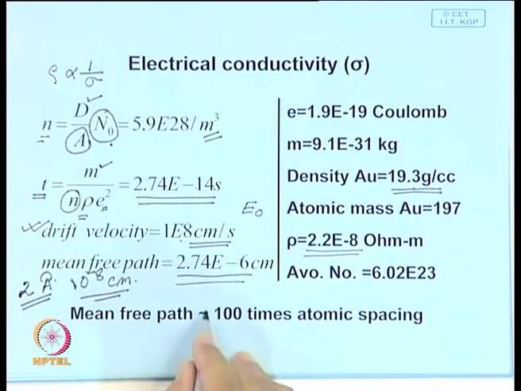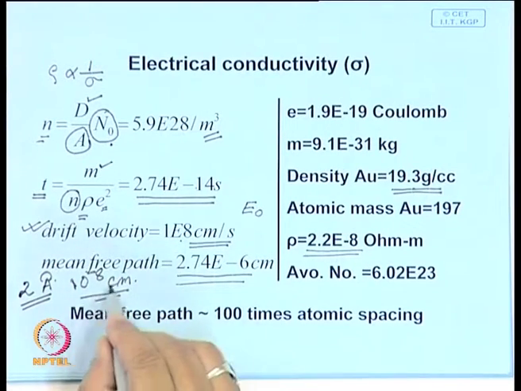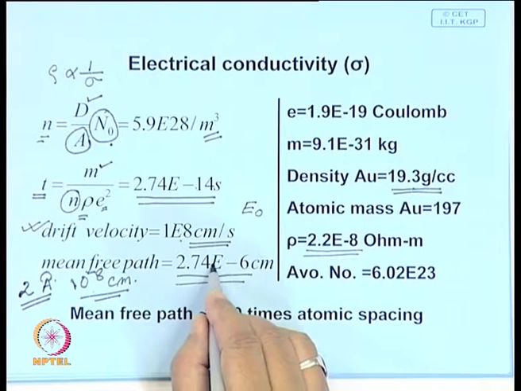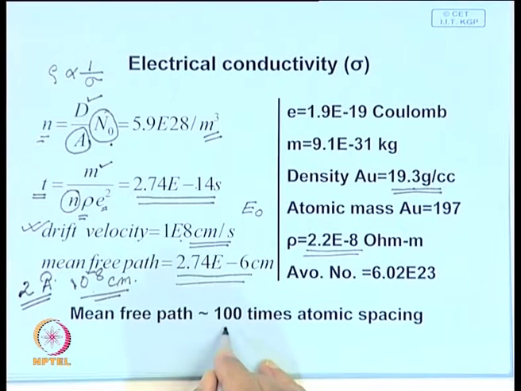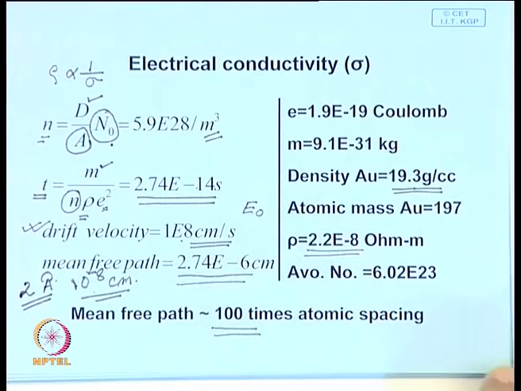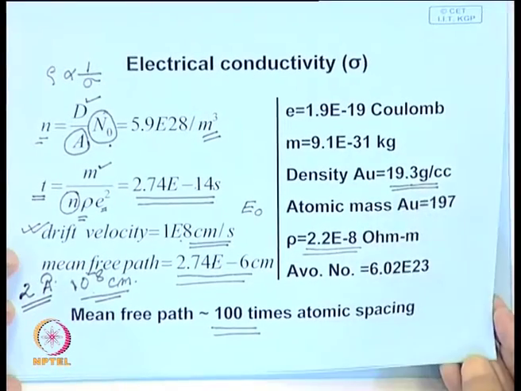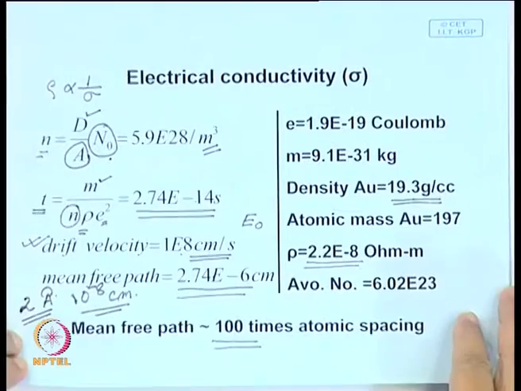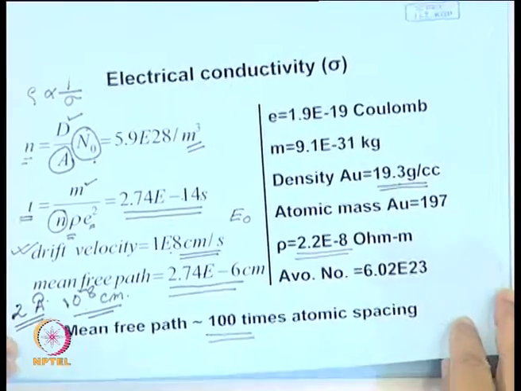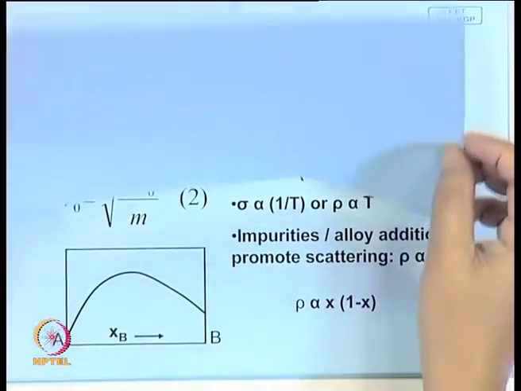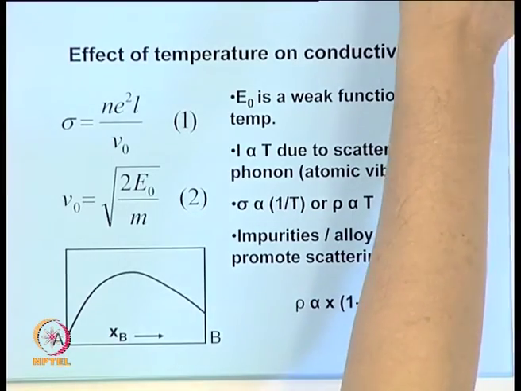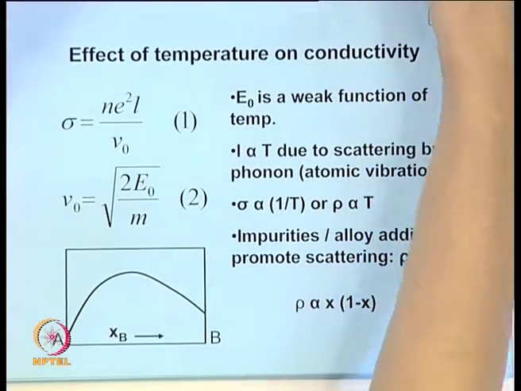So, this mean free path is 2 orders of magnitude higher than this. You can say the mean free path of this electron is around 100 times the atomic spacing. Therefore, metals are good conductors, whereas in covalent bonds you do not have free electrons, so they are insulators.